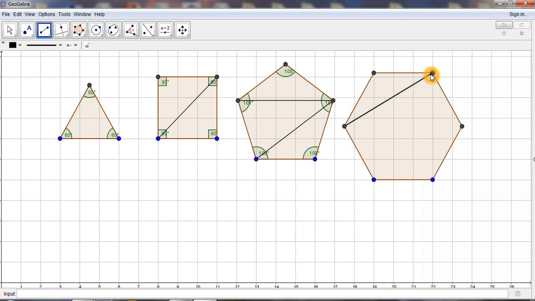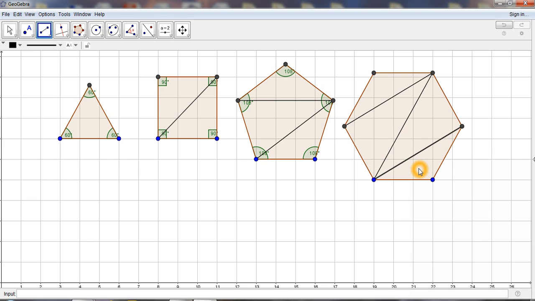We can also draw again from that point up to here, and again from that point up to here. So we can count now the number of triangles we have in our hexagon. 1, 2, 3, 4. This implies that the sum of interior angles of our hexagon will be 4 times the sum of interior angles of a triangle.